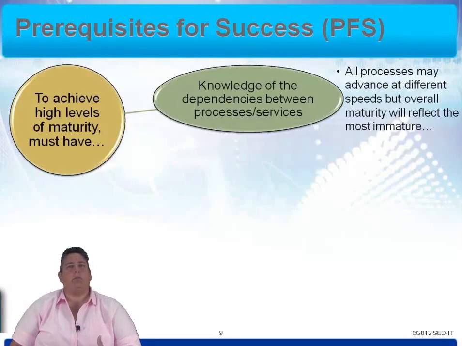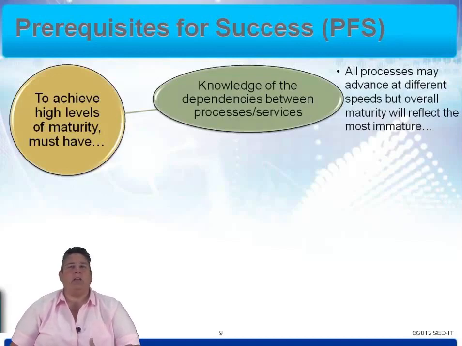One of those PFSs is knowledge of the dependency between processes and services. If you understand that processes may advance and mature at different speeds, the overall maturity will only reflect the most immature process. When we talk about the Capability Maturity Model Integrated, or even some of the processes that we've talked about today, some activities may be more ingrained in an organization than others.